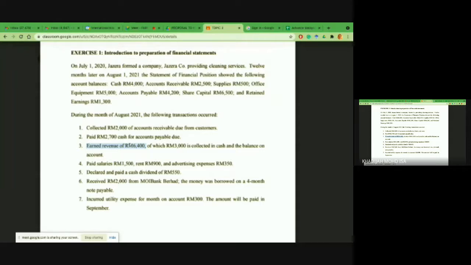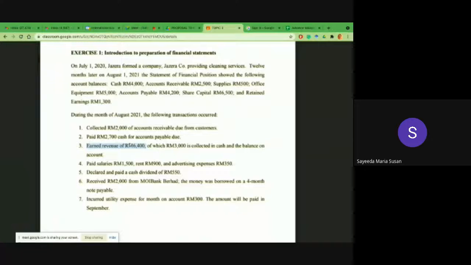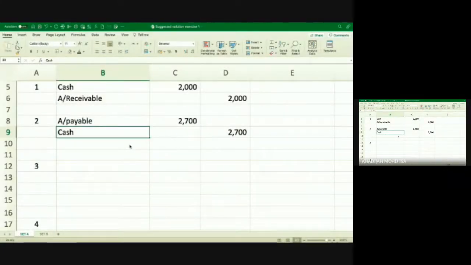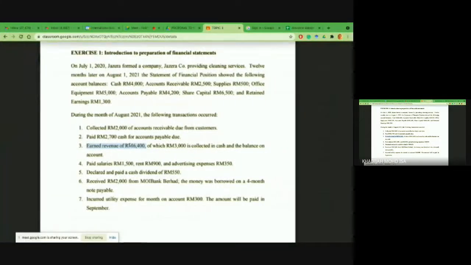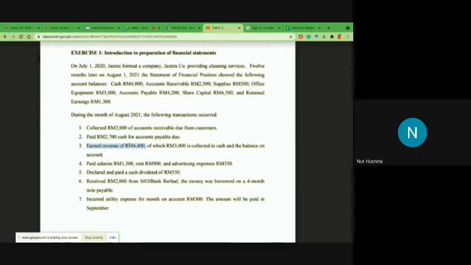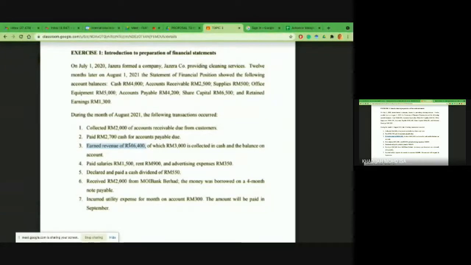But from the earned revenue, you only receive cash 3,000 and the balance you will receive in the future. So you know that you have revenue accounts, debit or credit? Credit. Always remember revenue is always a credit, expenses is always debit.